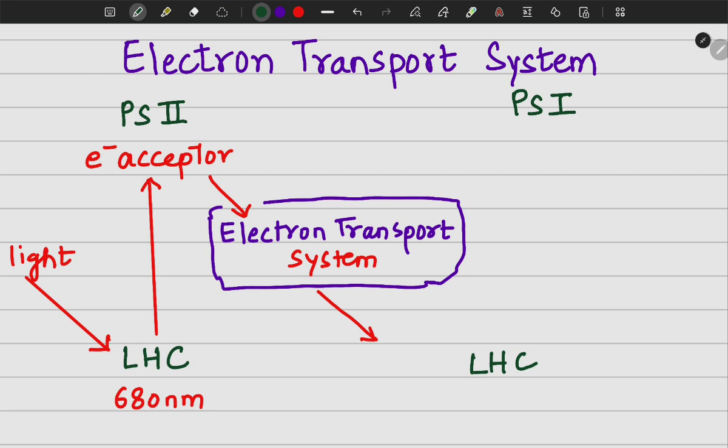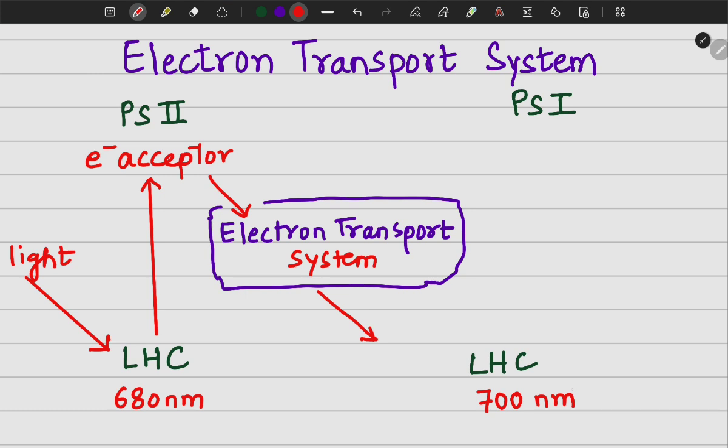Here these electrons will be taken up by the pigments of the light harvesting system of PS1, and simultaneously these pigments will absorb red light of 700 nanometer, because the reaction center of PS1 shows maximum absorption at 700 nanometer.